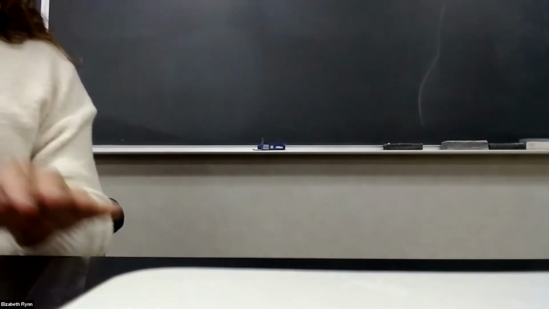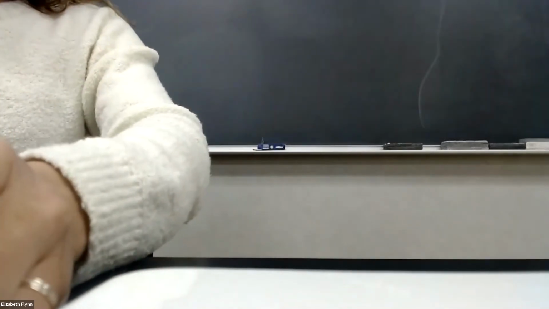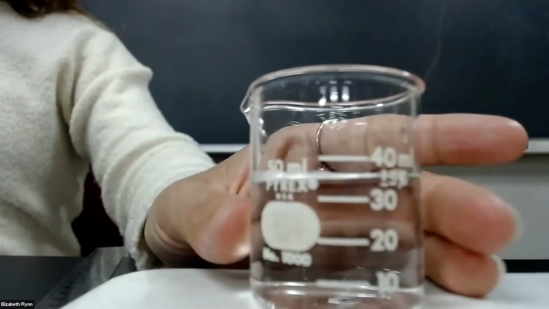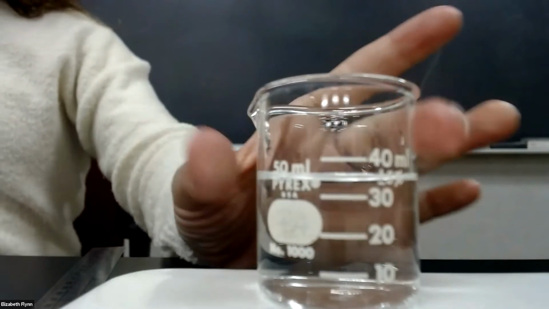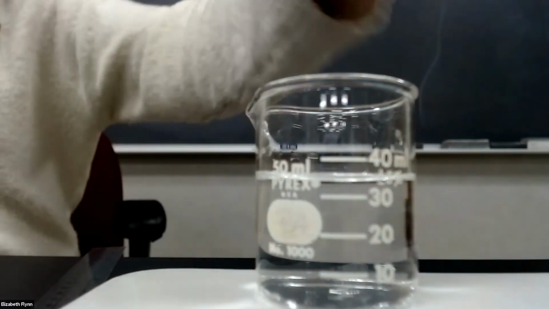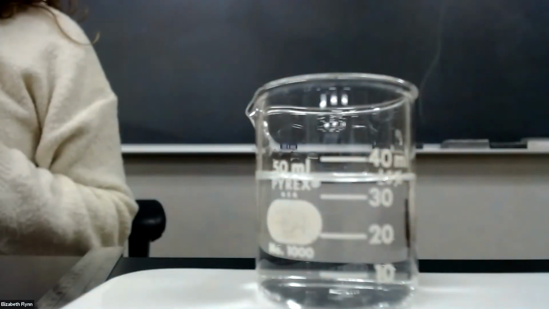All right, so here we are. First, we said we're going to measure the volume of water in a 50 milliliter beaker. And again, we have to pay really close attention to the precision of the instrument. So this instrument is the 50 milliliter beaker. I'm going to see if I can get it a little more focused here. Sometimes it does, sometimes it doesn't.